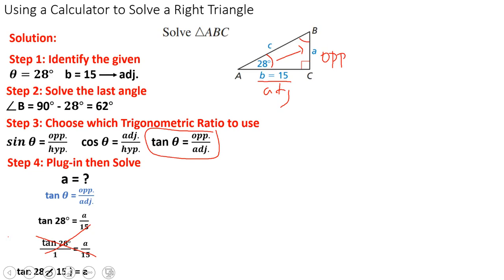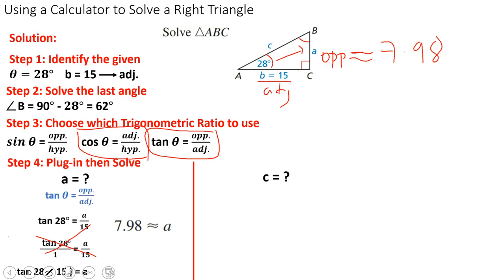Now, using your calculator, by just simply putting that in, tangent 28 degrees times 15 will give you an approximate value equal to 7.98. We still need to solve for our side C. Which of these three trigonometric ratios will we use to find our hypotenuse? We will use our cosine theta to find the value of our C. So we just plug in the values that we have.